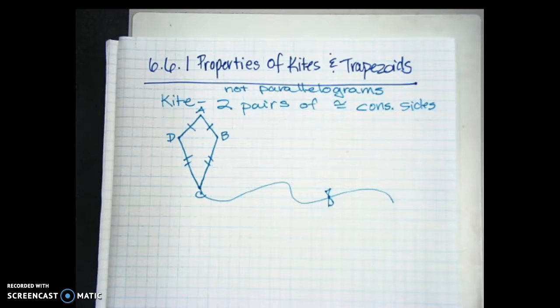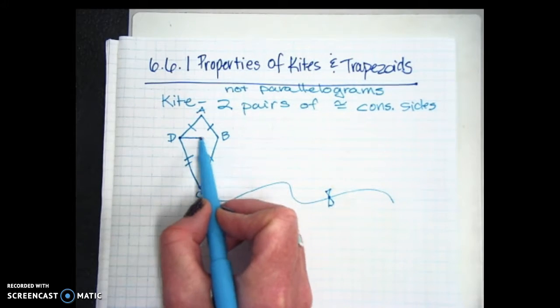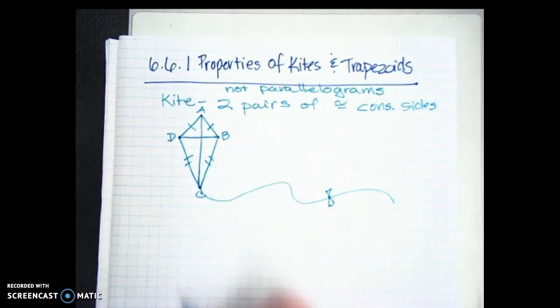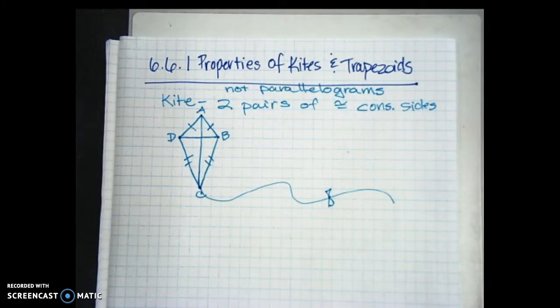You used framing, like little sticks. So if we connect B to D and A to C, those are like your supports. Obviously, they're your diagonals. They're your supports holding your kite in the proper shape.